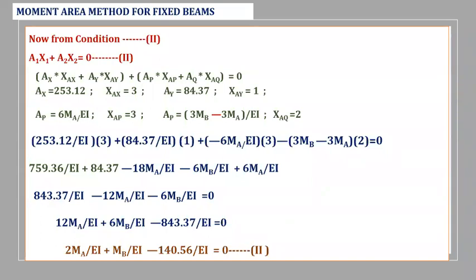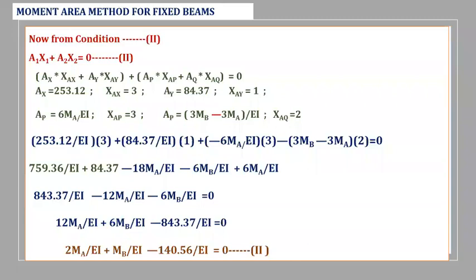If we add 759.36 plus 84.37, I got 843.73. So minus 18 MA plus 6 MA, that is minus 12 MA, minus 6 MB.